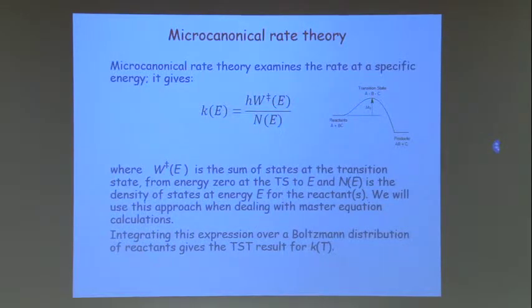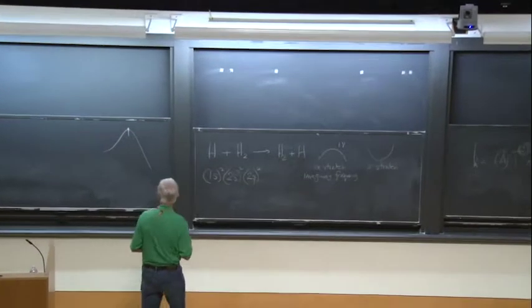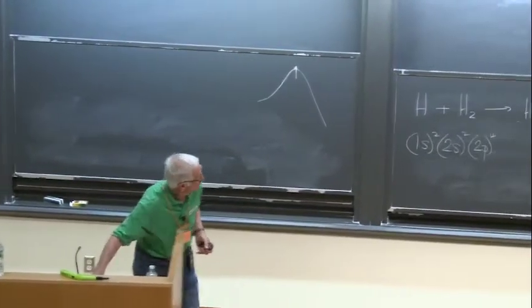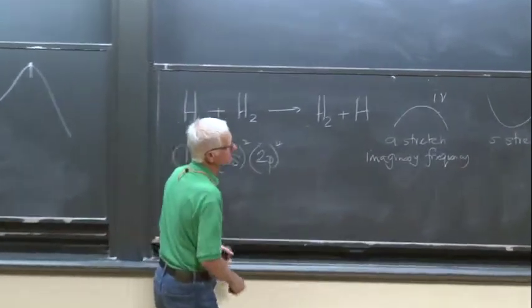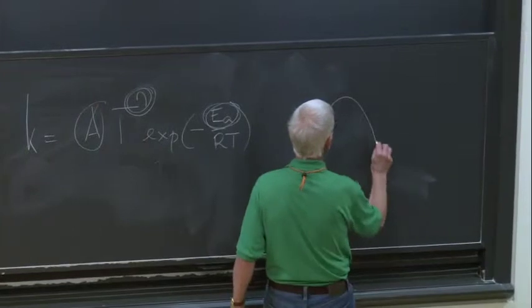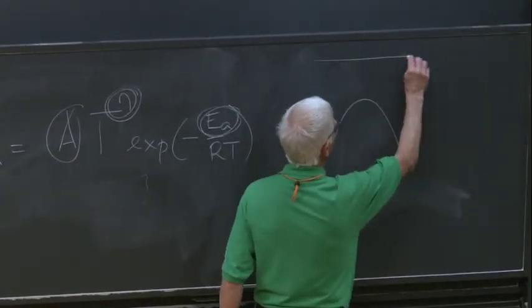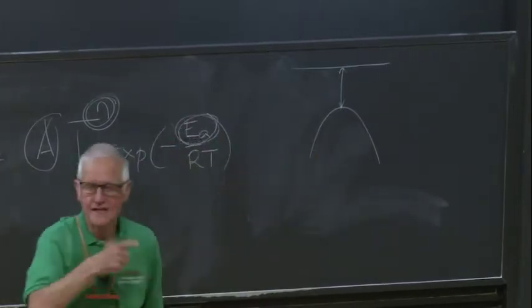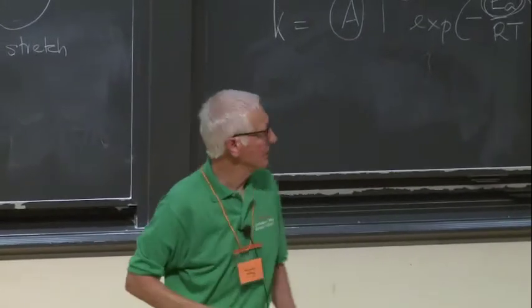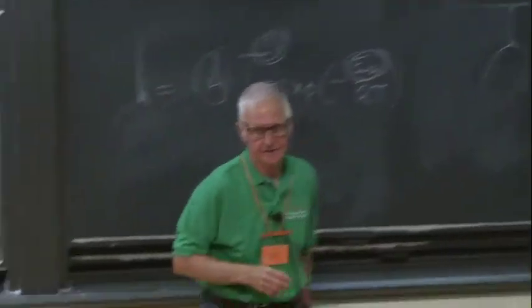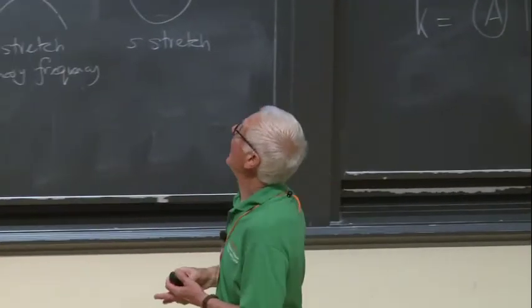If this is the transition state, and we've got an energy up here, what we're doing is adding up all of the states that can be described between the top of the transition state and that energy E. And it's divided by the density of states.